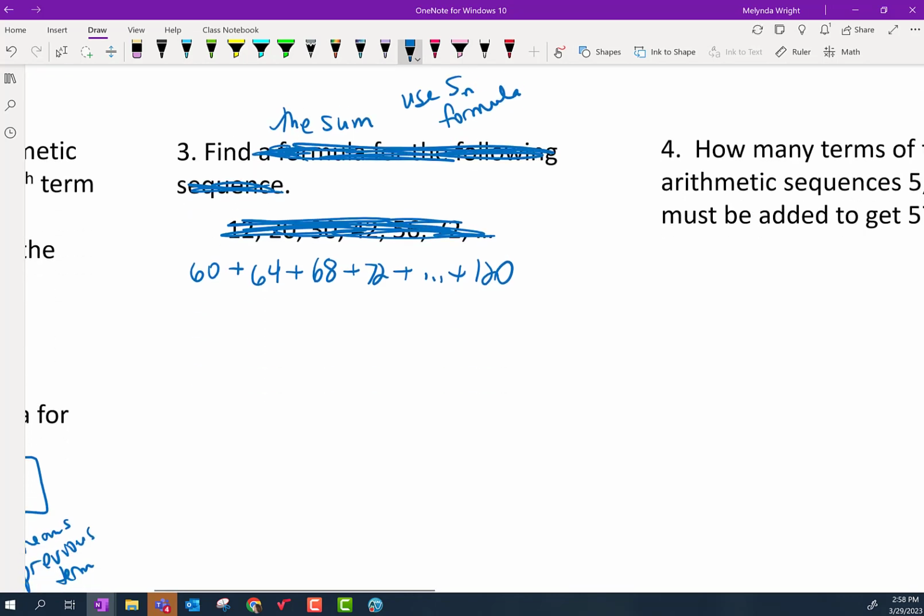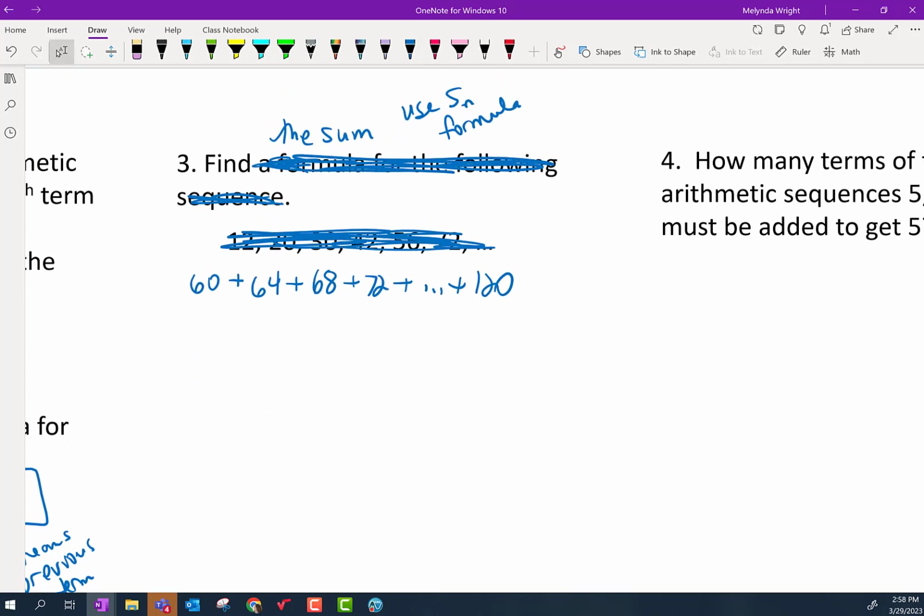Now it may be that we don't have enough information for the s sub n formula, so let's start filling it out. S sub n equals, now the n is the number of terms. I already know I've got a problem. I don't know how many terms I have.